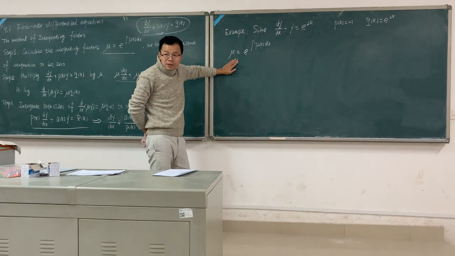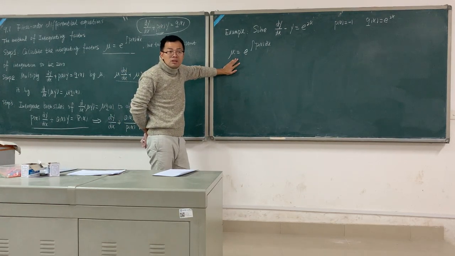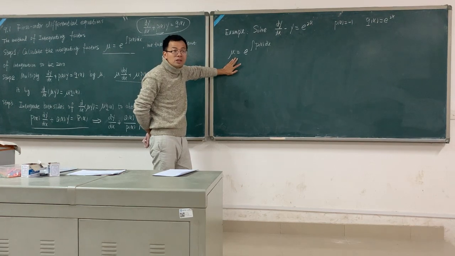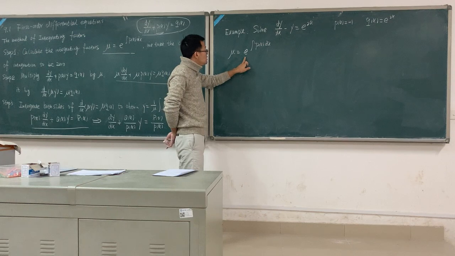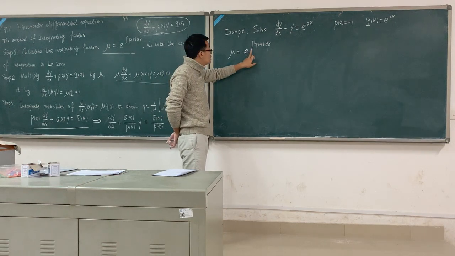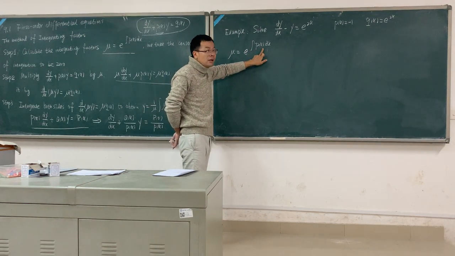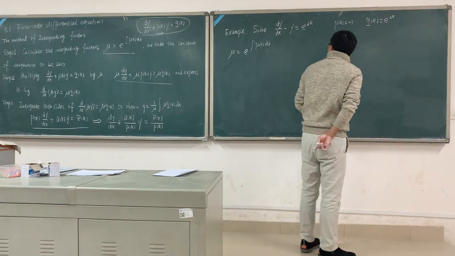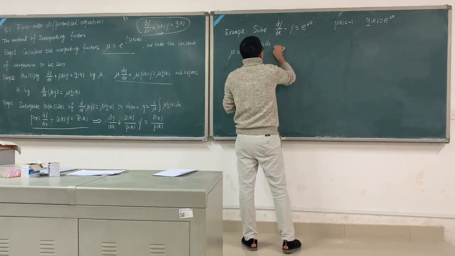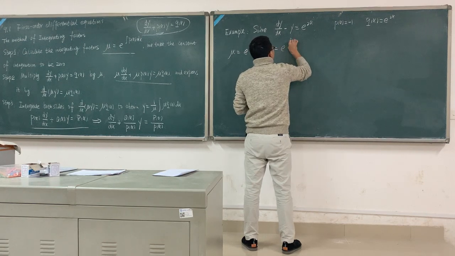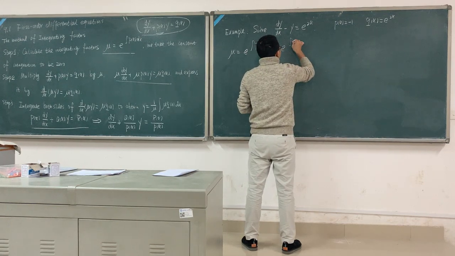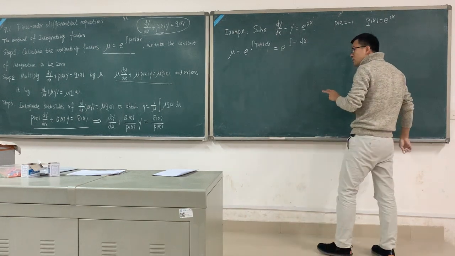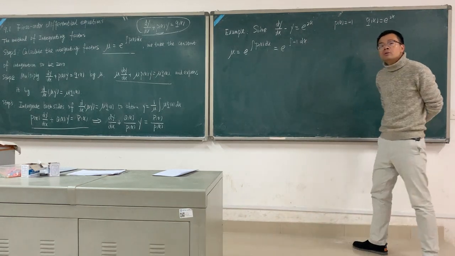The first step is to compute the integrating factor, mu equal to e to the power of the antiderivative of p(x). For this equation, p(x) is minus 1. So here we have e to the power of the antiderivative of minus 1 dx. So the antiderivative of minus 1 is what?